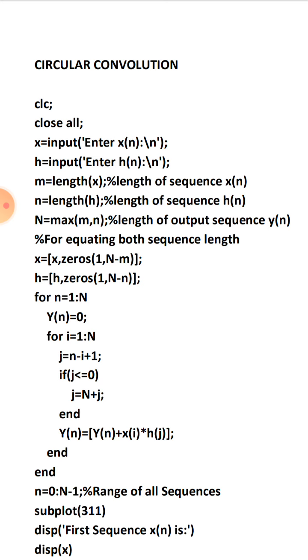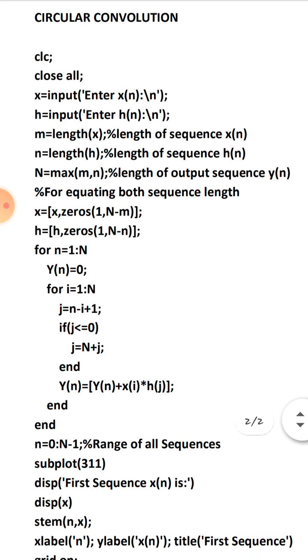That is the important criteria for doing circular convolution. First we are checking whether the two are the same or if there is a maximum value. If one sequence is longer than the other, then we are going to add zeros to the end of the sequence to make the sequences of the same length.